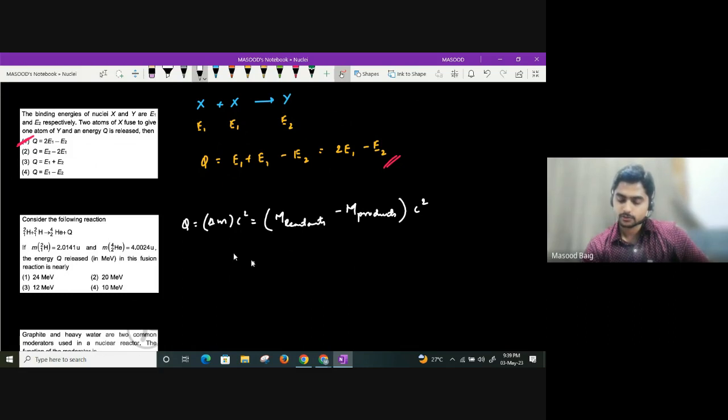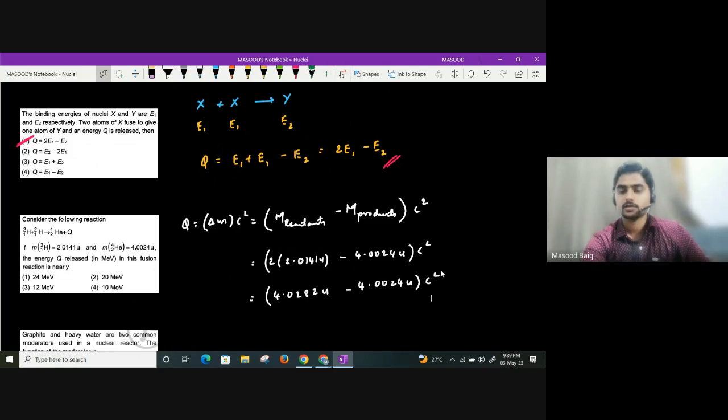So what will be the mass of reactants? I have 2 into 2.0141 U minus, what would be the mass of products? 4.0024 U into C square. What I'll get? 4.0282 U minus 4.0024 U into C square.